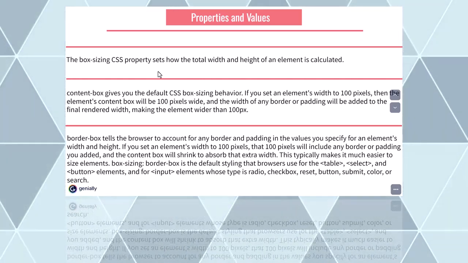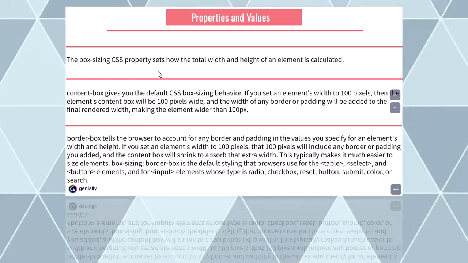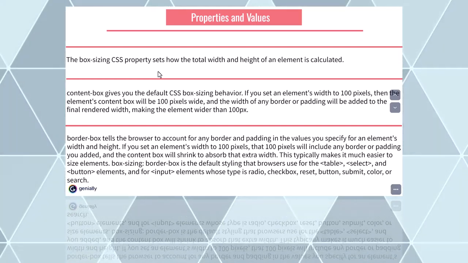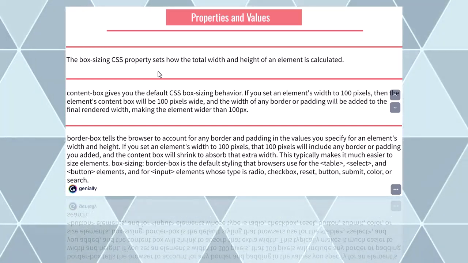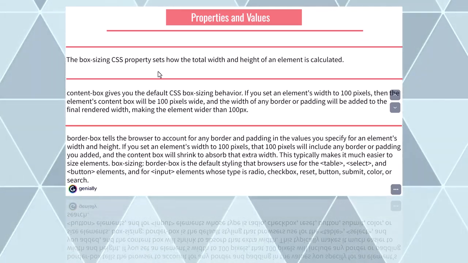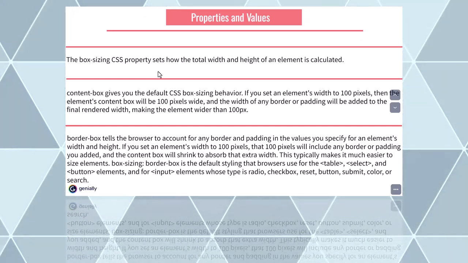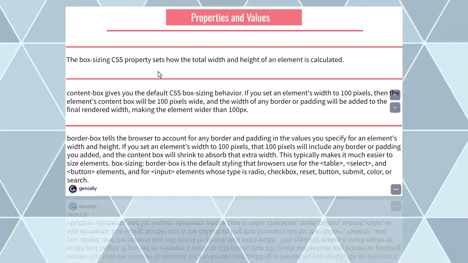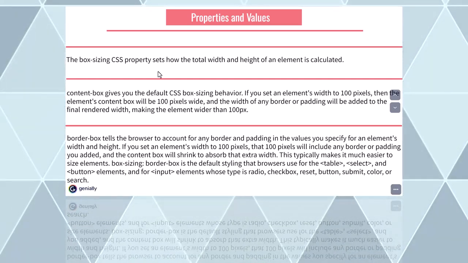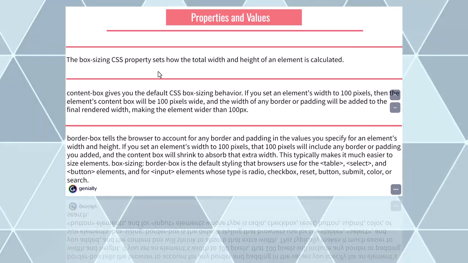If you set an element's width to 100 pixels, that 100 pixels will include any border or padding you added, and the content box will shrink to absorb that extra width. This typically makes it much easier to size elements. Box sizing border box is the default styling that browsers use for table, select, and button elements, and for input elements whose type is radio, checkbox, reset, button, submit, color, or search.